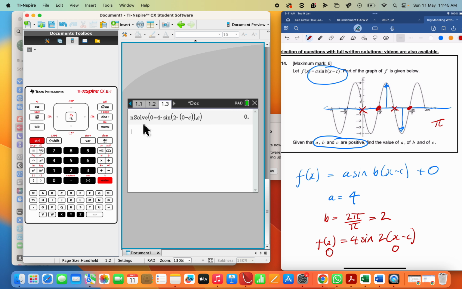Oh, 0. Well, I don't really want 0 as the answer because it does say that a, b and c are all positive values, so I don't believe that's just 0. In fact, that would be the wrong answer.